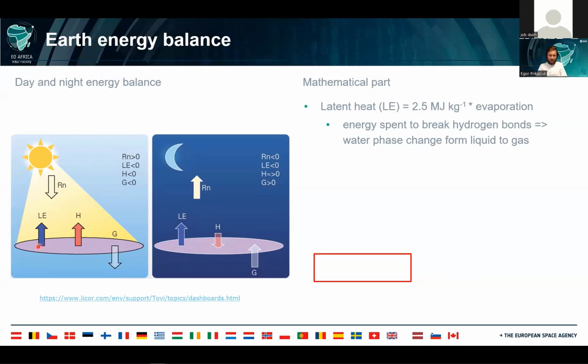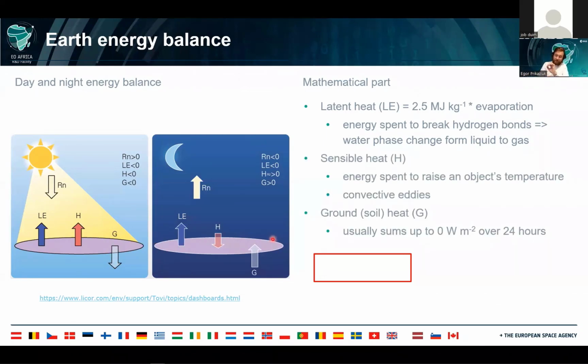The latent heat flux is when hydrogen bonds between water molecules are destroyed, and the molecules get free, become gas, and go free to the atmosphere. And of course, the hot topsoil not only warms up the air above it, but it warms up the soil below it. It's called ground heat flux.